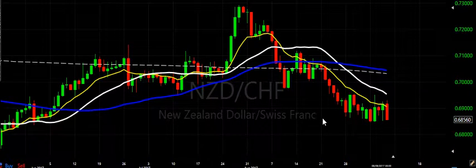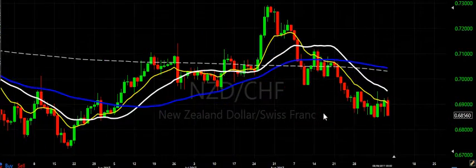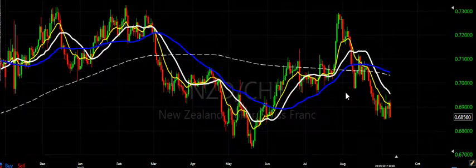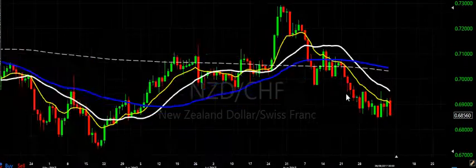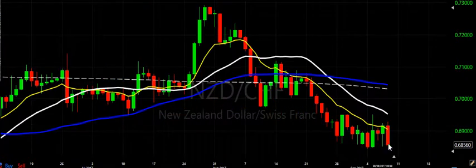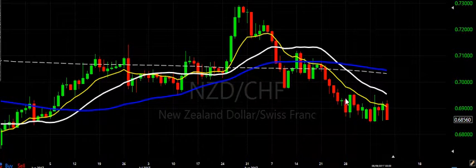So we are on the New Zealand dollar Swiss franc. As you can see here, we've been in a short-term downtrend. Let's just go back further. Again, we want to really wait for confirmation for either going long or going short. It's sort of in this period here, which you can call a slight small channel.